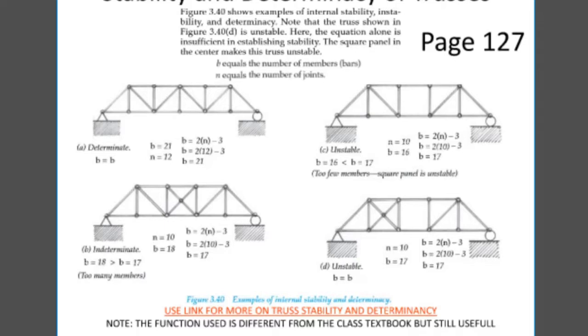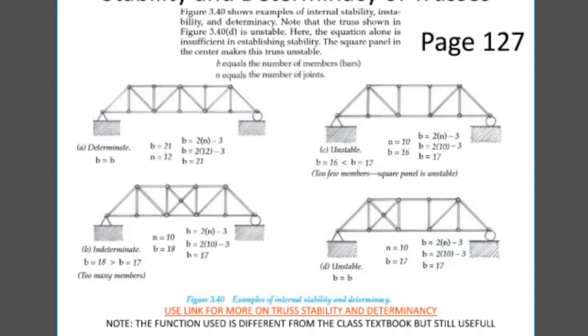Furthermore, let's look at the stability and determinacy of trusses on page 127. Here, figure 3.40 shows us examples of internal stability, instability, and determinacy. Note that the truss shown in figure 3.40D is unstable.